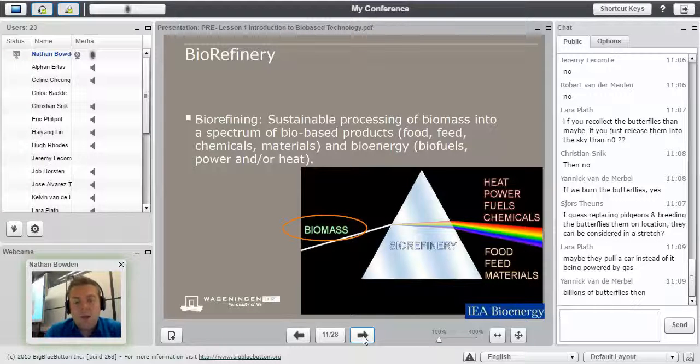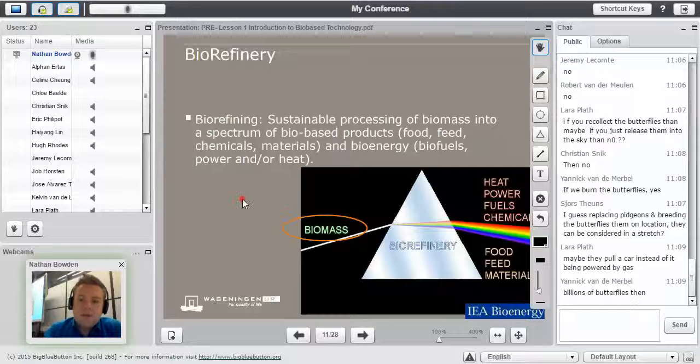So what is a biorefinery? What is biorefining? The definition is set as it being a sustainable process in the processing of biomass into a spectrum of bio-based products. So food, feed, chemicals, material, and also bioenergy, so biofuels, power, and/or heat. So here's this biomass.